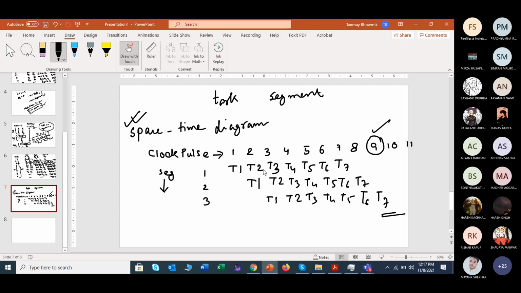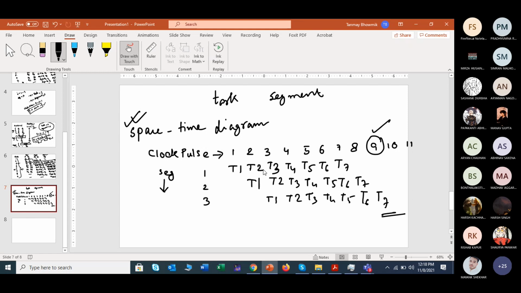But I am not saying that everyone will face difficulties. If some of you are familiar, you can also do the separate representation, with segments in the horizontal direction and pulses in the vertical direction. That is also acceptable, no problem.